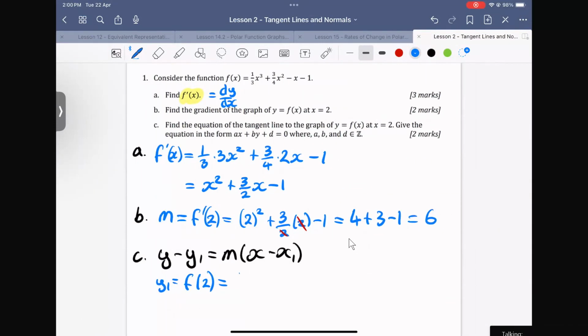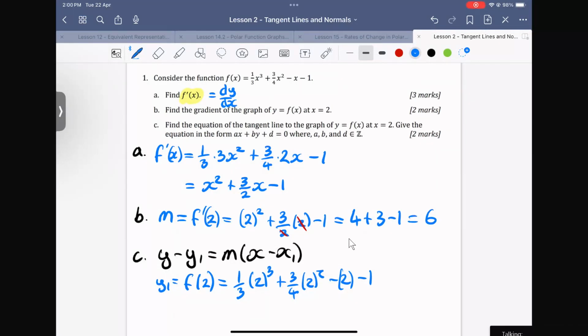So we need 1/3 bracket 2 to the power of 3 plus 3/4 times 2 to the power of 2 minus 2 minus 1. Let's use the calculator for that one. 1/3 times 2 cubed plus 3/4 times 2 squared minus 2 minus 1.